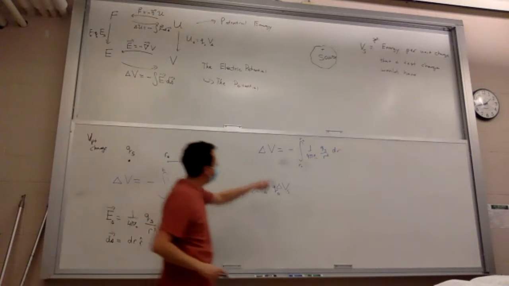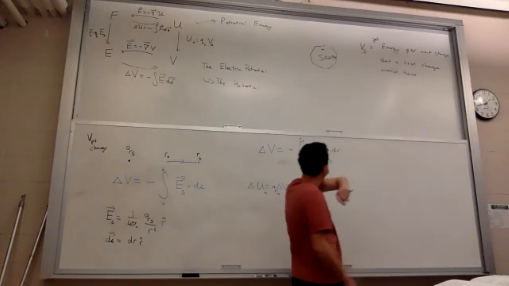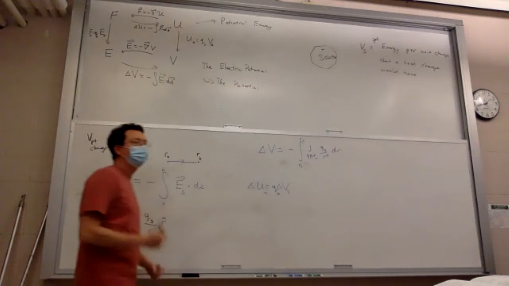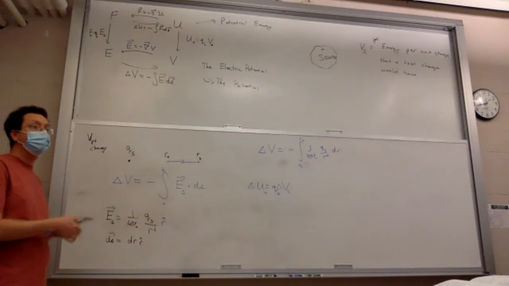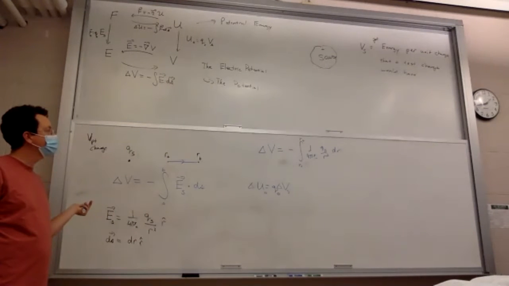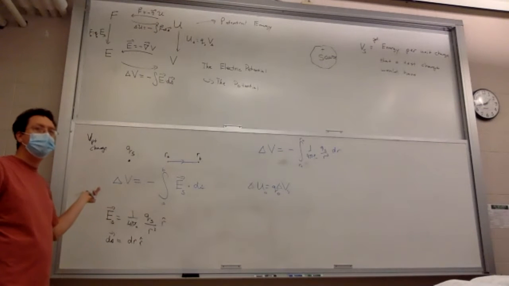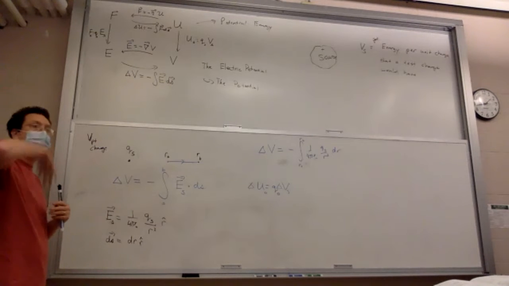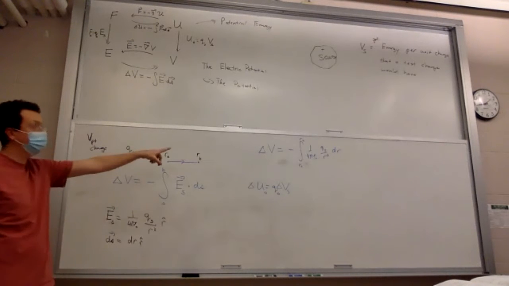Okay, so let's do this integral. It's a 1 over r squared integral. It's a power law. You have power law integrals. Plug it in. You take the 2, you divide, and subtract. So you look at the exponent, look at the power, you add 1 to it, and divide by the new power. So this is a power of -2.